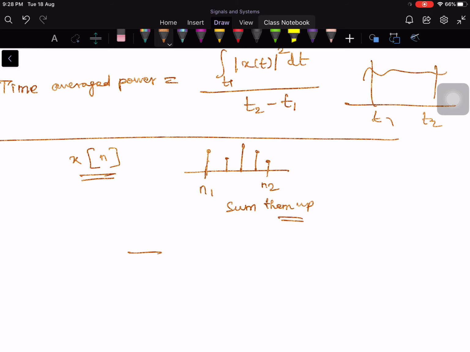Therefore you take x of n and then square it. If it is a complex signal, then take the magnitude and square it, and the limit ranges from n equal to n1 to n2. So this is the total energy.